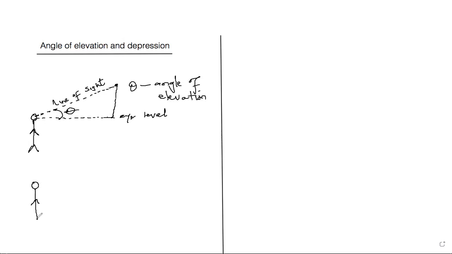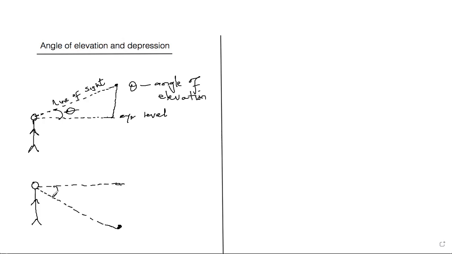Then let's say you have somebody here. This is the normal eye level, and the person is looking at something that is here. So this is the line of sight of the observer, looking at that thing here, and this is the normal eye level.